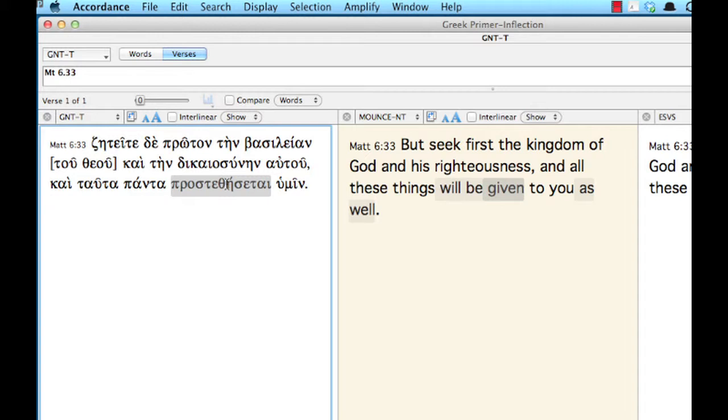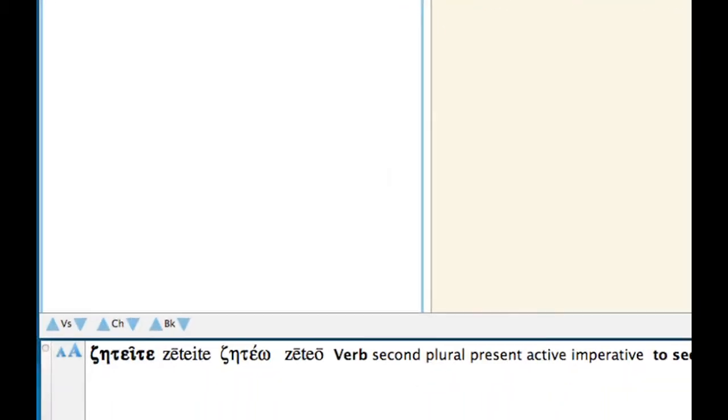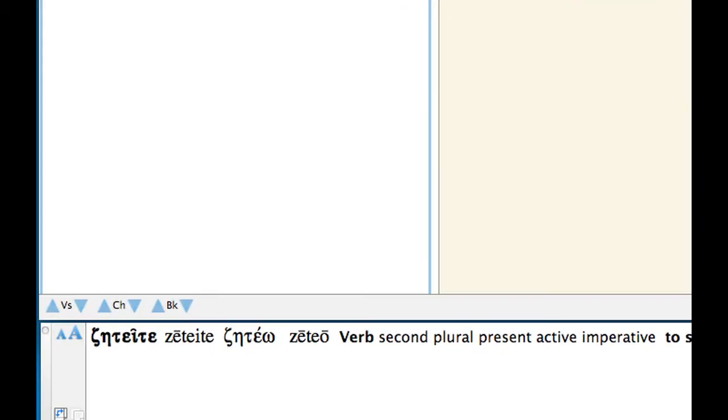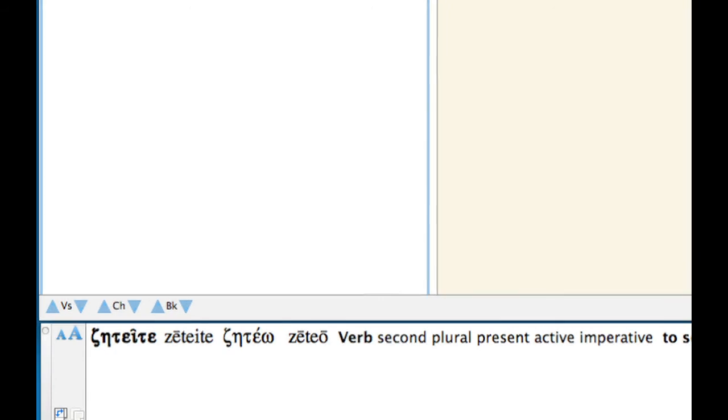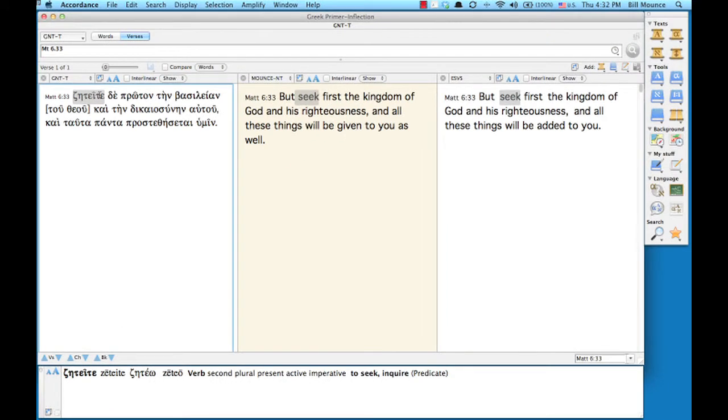Let me leave you with this note then. Zeteta is what part of speech? It's an imperative, isn't it? This is not Jesus' idea where we have the option to say, oh, I agree or I disagree. But this is Jesus, the Son of God, issuing an imperative, issuing a command.